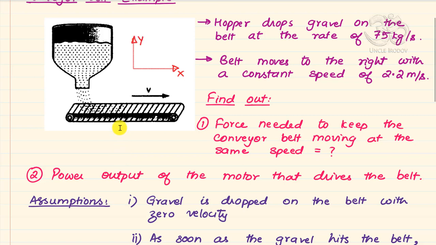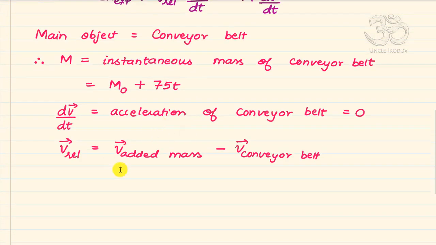So I'm making the assumption that when the gravel falls, it has probably got a negative y velocity. So I can say velocity of this added mass, which is the small amount of gravel that is falling on the belt, is going to be something towards the negative y-axis but 0 along the x-axis.